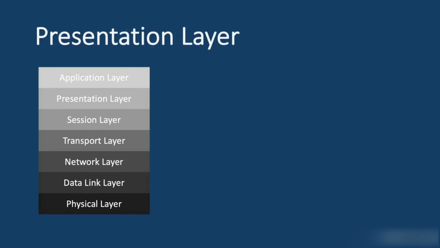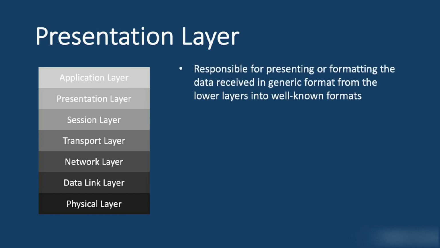Moving up, we have the presentation layer. This is responsible for presenting or formatting the data received in generic format from the lower layers into well-known formats. Examples include JPEG, MPEG, etc. We as end users are used to viewing data in well-known formats like MP4, JPEG, etc., and we do not interact with data in other formats like packets or frames or bits in the form of zeros and ones.